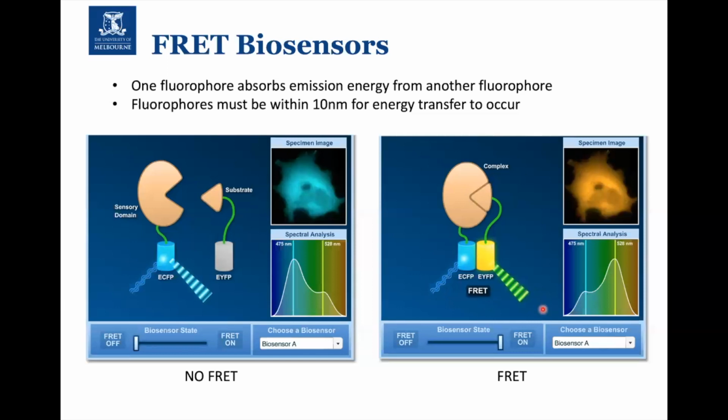And then we can collect out the emission from the YFP molecule rather than the CFP molecule. So here in our spectral analysis, you can see the emission from the YFP molecule has gone up in comparison to this case. So it's a really good way of looking at protein-protein interaction. In this case, the fluorophores must be within about 10 nanometers for that energy transfer to occur.